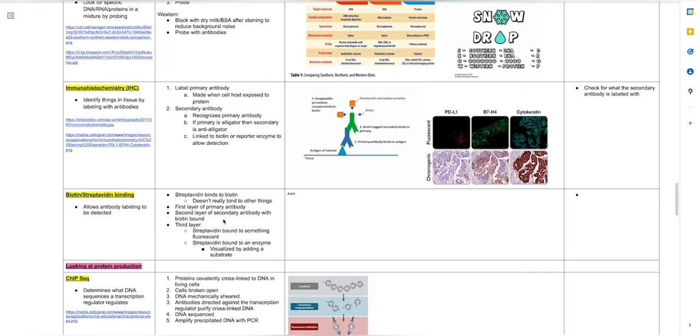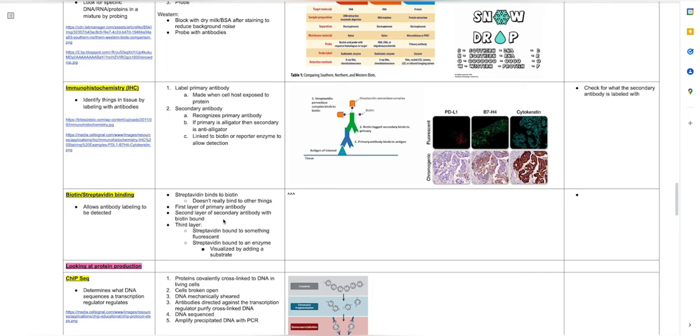Say I am exposed to protein X, and my body does not like that, so it makes antibodies that recognize a certain part of protein X, so it can identify it and then get rid of it.